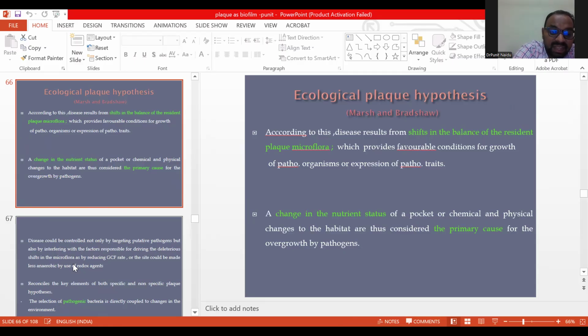According to this theory, the disease could be controlled not only by targeting pathogens, but also by interfering with the factors responsible for driving the deleterious shifts in the microflora, by reducing the GCF rate, or the site could be made less anaerobic by use of redox agents.